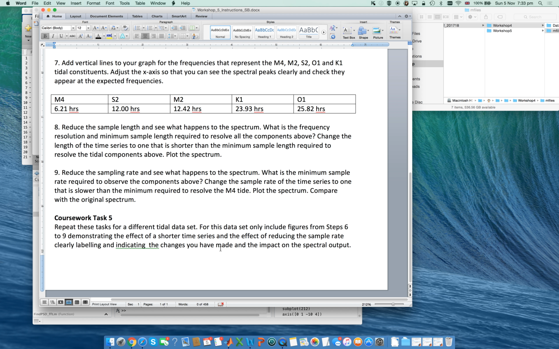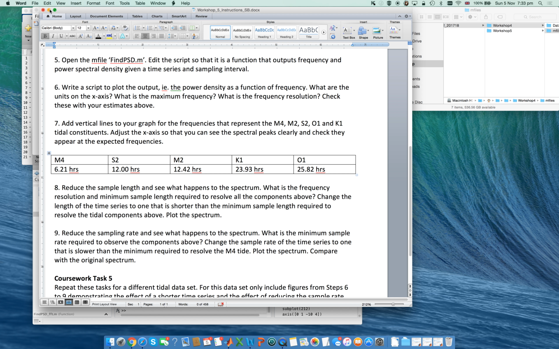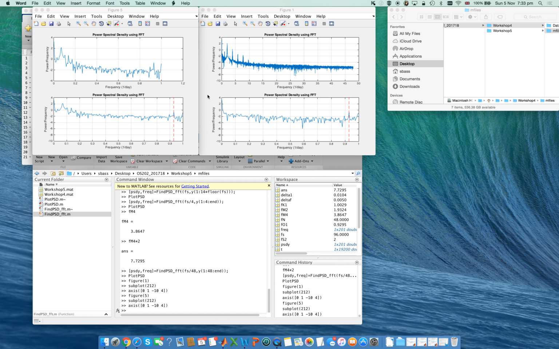For your data set, I want you to include these ranges of figures from steps 6 to 9. It's up to you how you choose to present it, but show some sort of sequence of change from either reducing the sample length or reducing the sample rate.